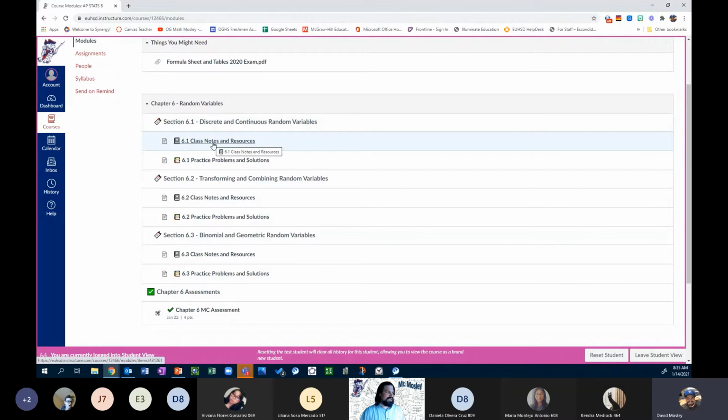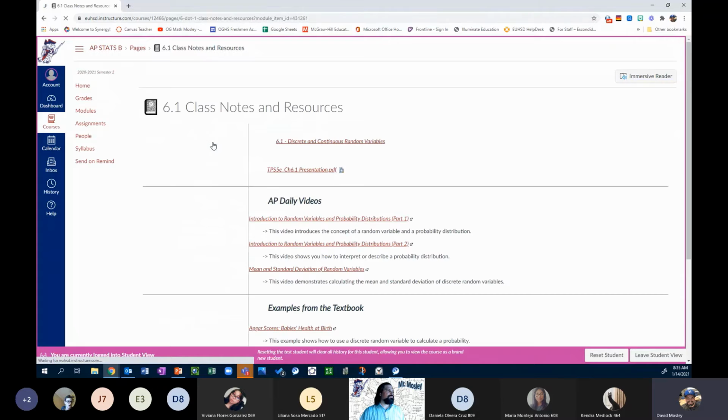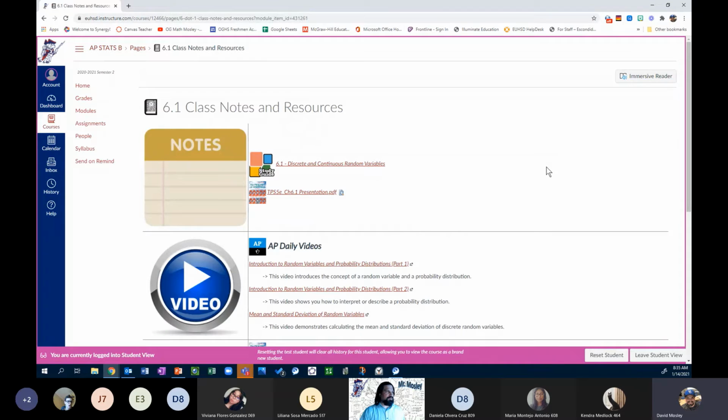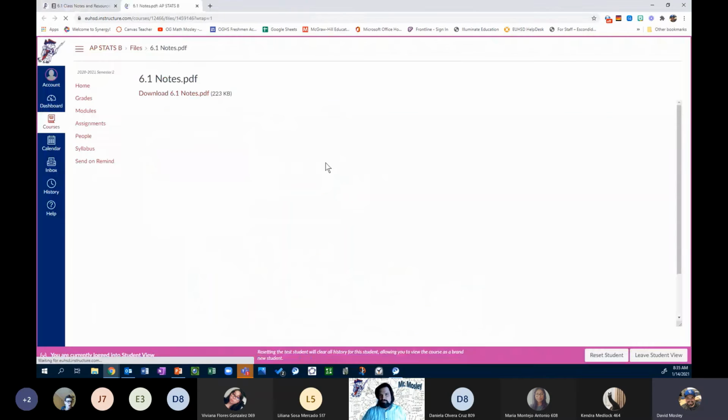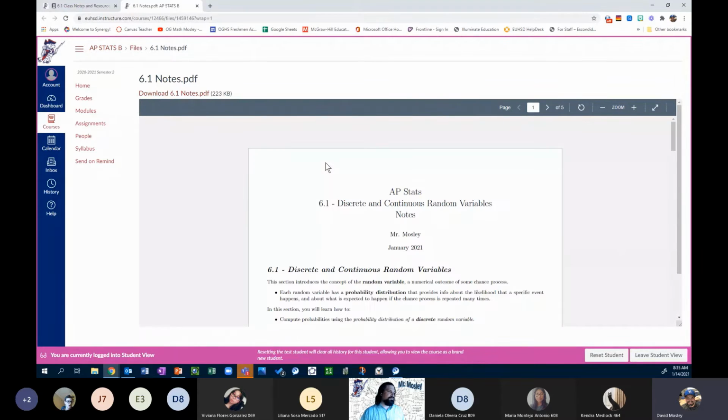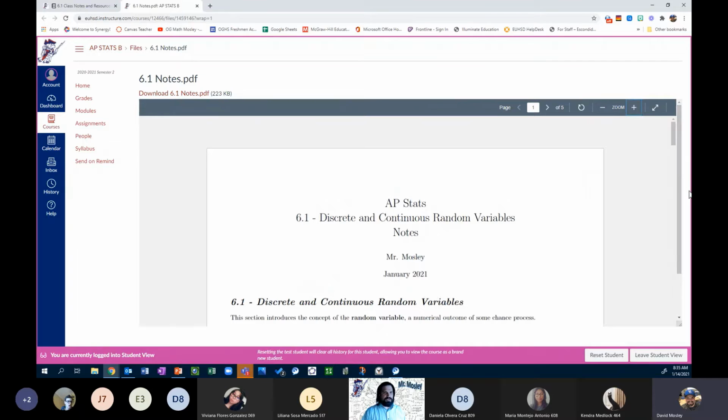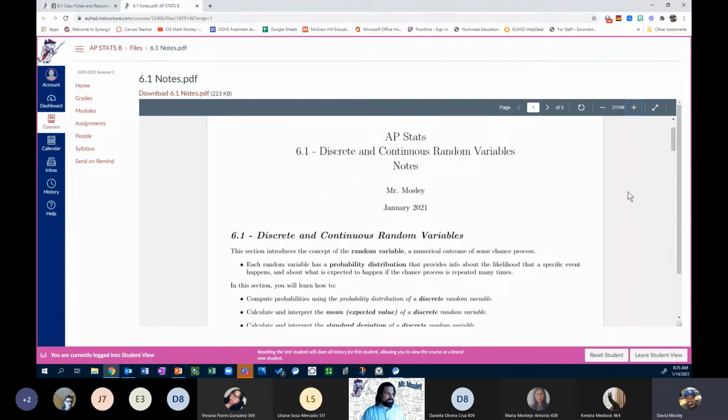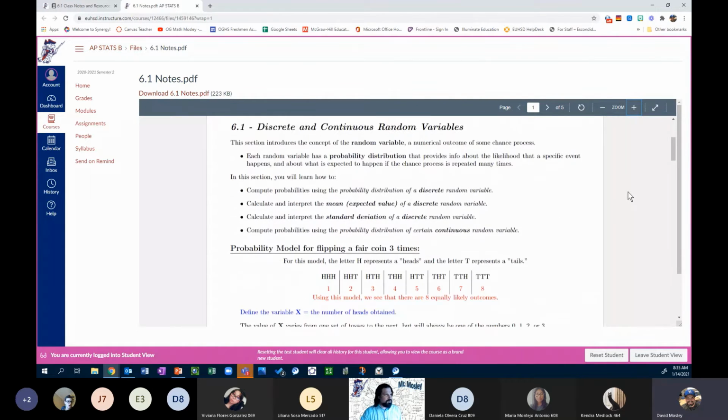If you check out the class notes and resources, I have this broken up into categories. We have notes. Here again is the presentation that we'll be doing today for section 6.1. I also have a study guide, which is kind of pre-made notes. This is the study guide for section 6.1, discrete and continuous random variables.